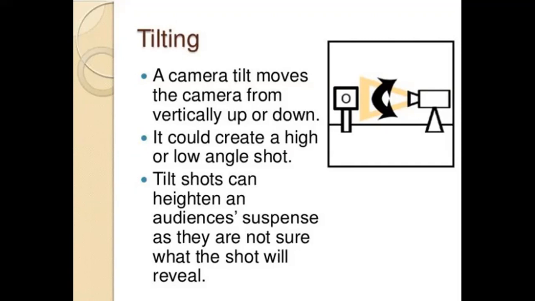Tilting the camera down from the perspective of one character to another visually indicates superiority from the higher angle point of view. It's a great tool to show power versus vulnerability in the film.